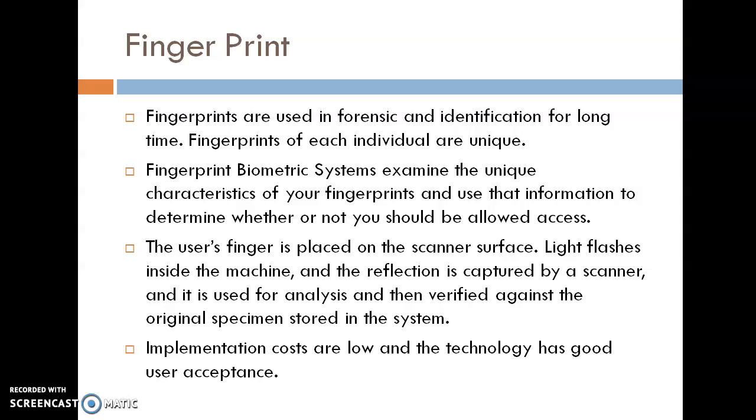The user's fingerprint is placed on the scanner surface, light passes inside the machine, and the reflection is captured by a scanner, which is used for analysis and then verified against the original specimen stored in the system. The implementation costs are very low and the technology has good user acceptance.